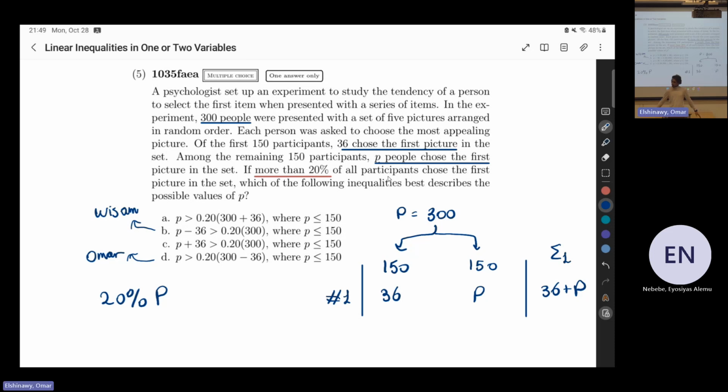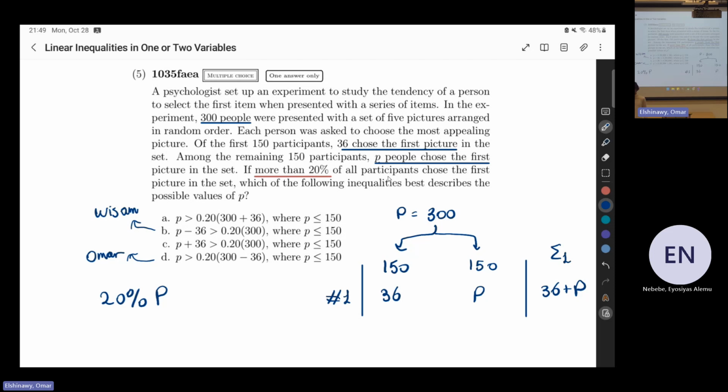20% of 36? If we take 20% from the 36, we would just take it from the first 150. We don't take it from all the 300.